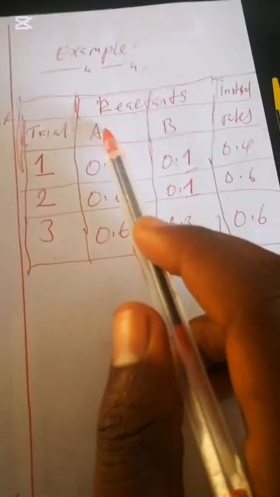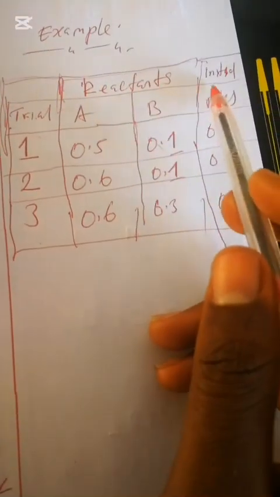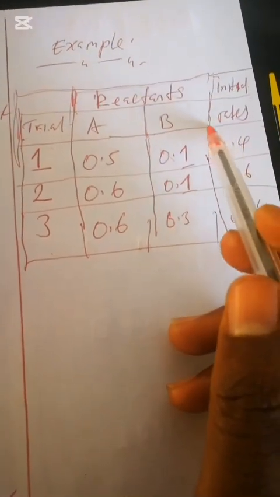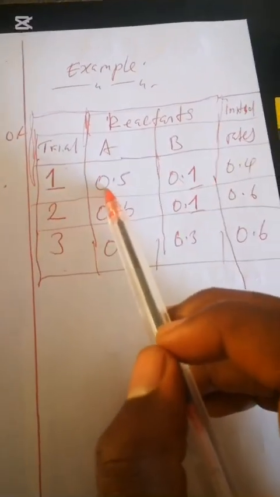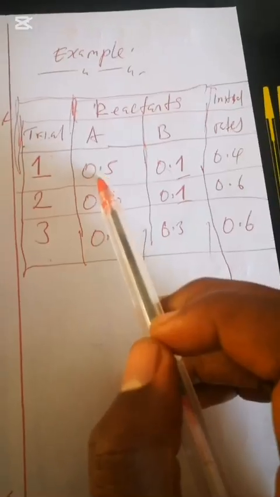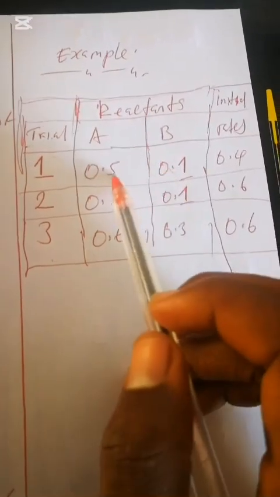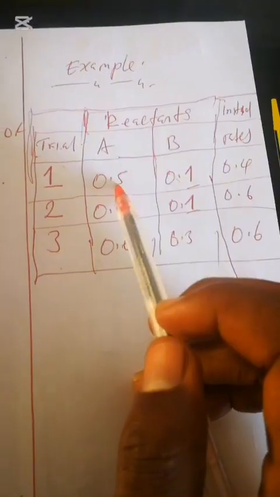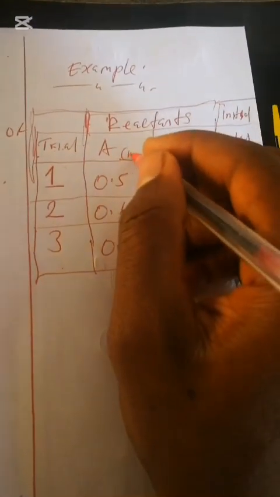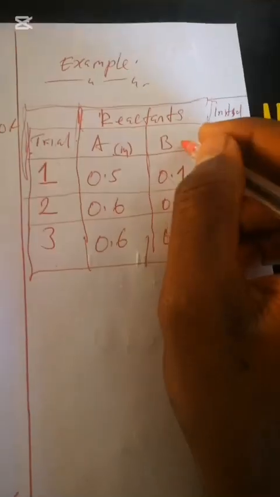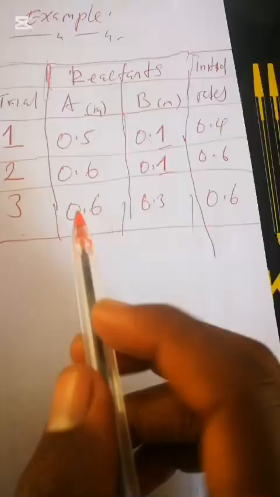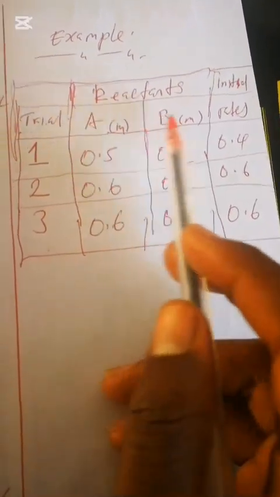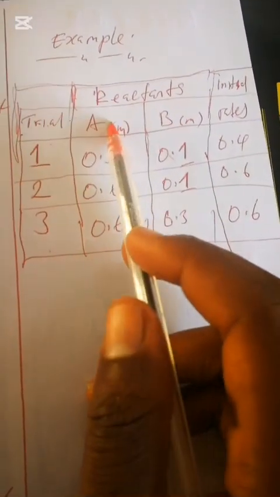The reactants are A and B, and the initial rates, or the rates they have already calculated. So in the first round, the reactant concentration was 0.5. This is M for concentration. So in the first round, they used a concentration of 0.5 for the reactant.